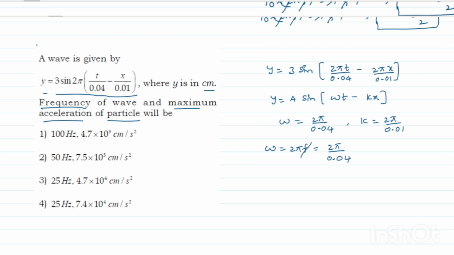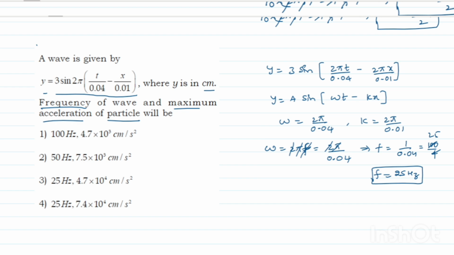Here the 2 gets cancelled and the pi gets cancelled. Then f will be 1 by 0.04, which you can write as 100 by 4. So the frequency value here will be 25 Hz. So this is the frequency you are getting.